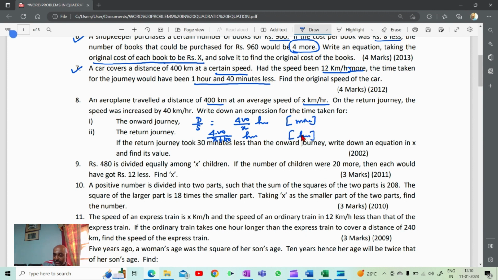So the difference between the times, the greater minus the smaller, should give you the difference, which is 30 minutes. So both are in hours. So 30 over 60, reduce this to its lowest term. So I can make the equation 400 over x minus 400 over x plus 40 is equal to 1 over 2. And you need to solve this to find the value of x.